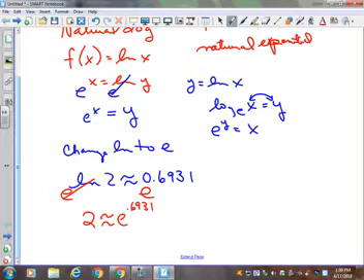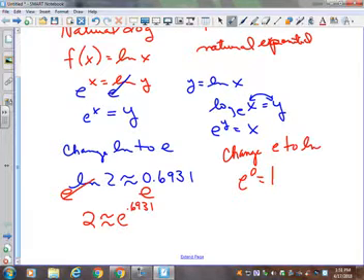Let's look at another one. What if I want to go the other way? What if I want to take something that's already base e and change it? I'll get out of the way in a second, y'all. I just don't have enough length on this cord. Change e to ln. What if I have e to the 0 is 1?